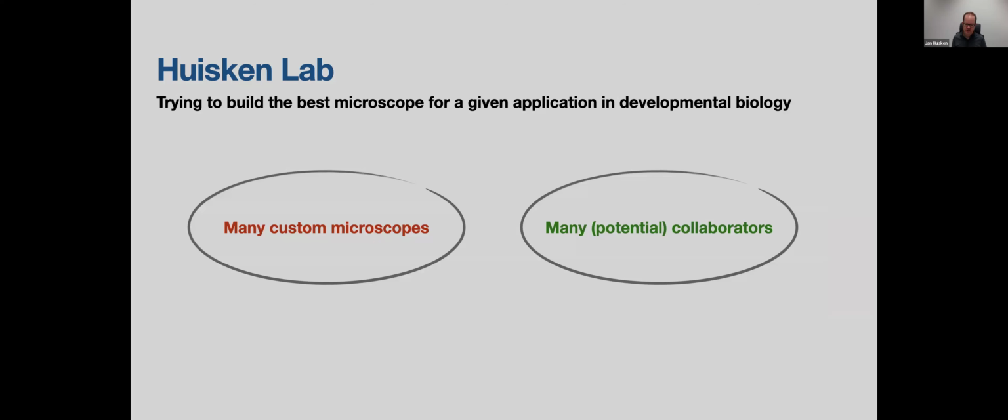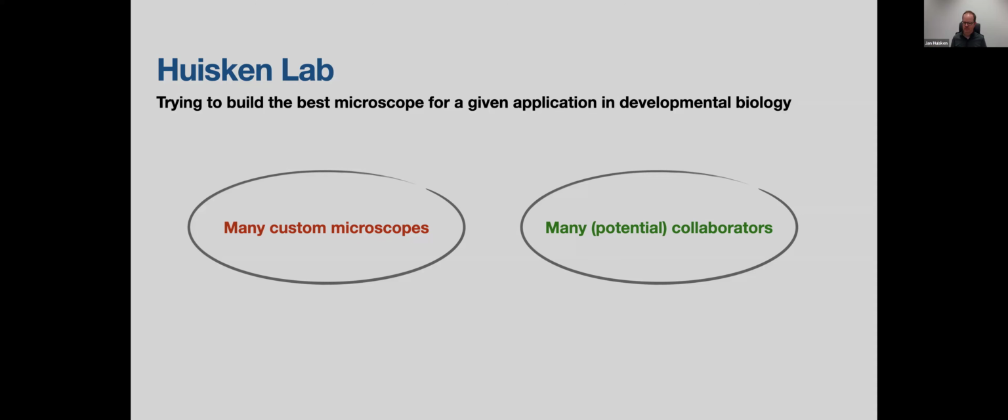So the issue, however, is that you end up with many custom-built microscopes. If you're trying to build the best possible instrument for each experiment, you end up having many microscopes. And of course, not just the people in the lab, but people outside the lab on campus or just anywhere across the world might have an interest in using your instrument.